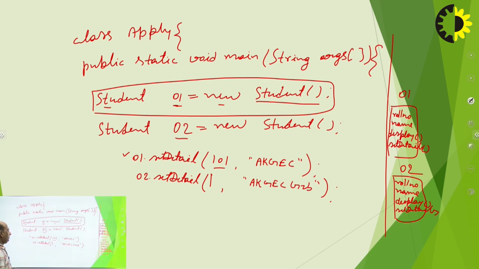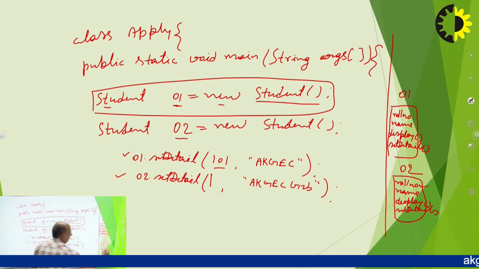So now for this O2 object, the roll number value will be set as 1 and the name will be set as AKGEC Ghaziabad. Now you can call the display function of the corresponding object to display the variables set by the setDetail function.